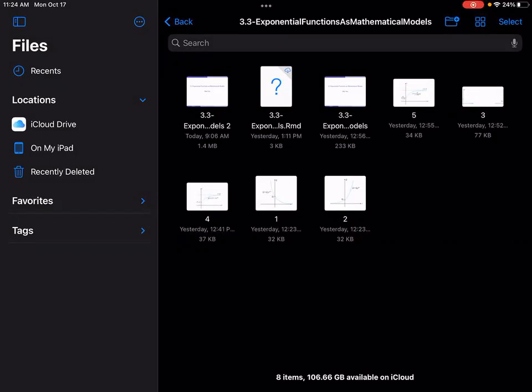Let me fix my notes a little bit. Oh, it's dark. It's dead. I can't fix it.